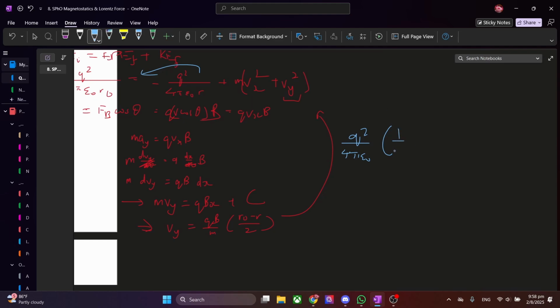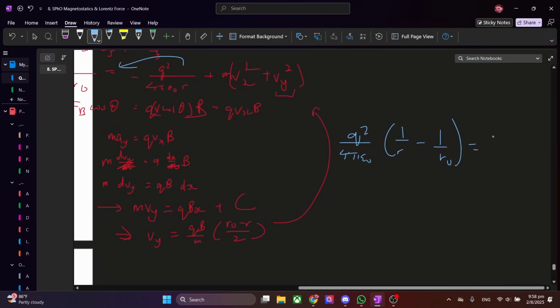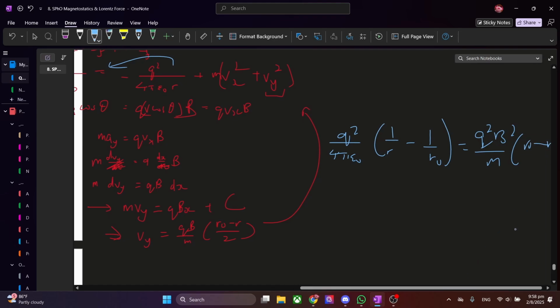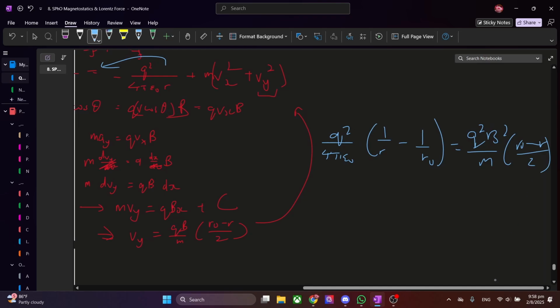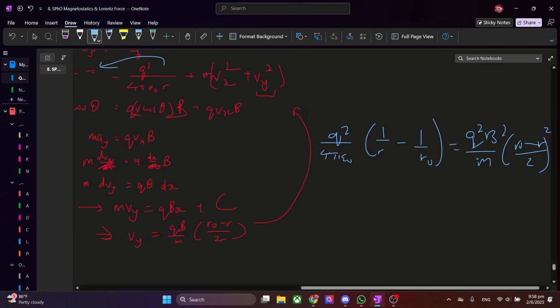We get 1 over R minus 1 over R naught is mVy squared. So we get Q squared B squared over M, R naught minus R over 2 squared.